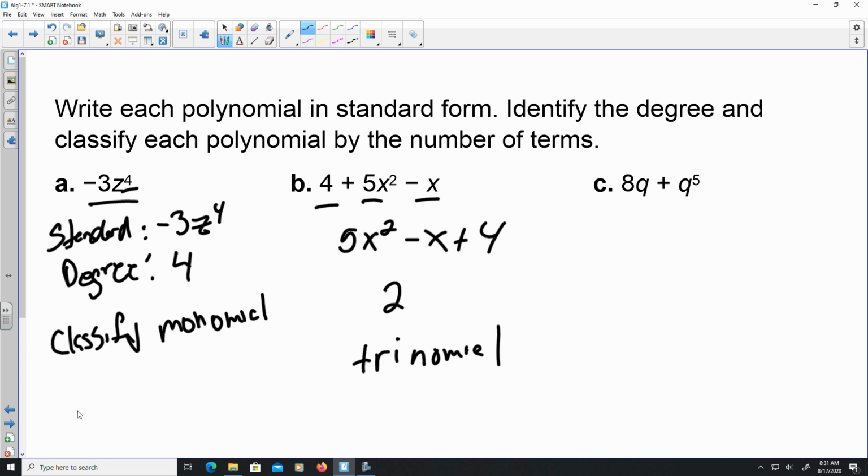And finally, part C here, my largest degree is q to the 5th, and that means I'm going to write 8q here. So that's in standard form. It is a 5th degree polynomial, and since it's 2 terms, it is a binomial.